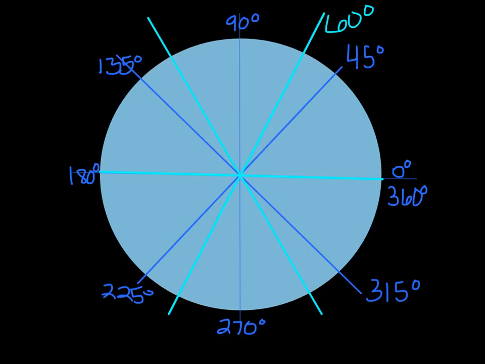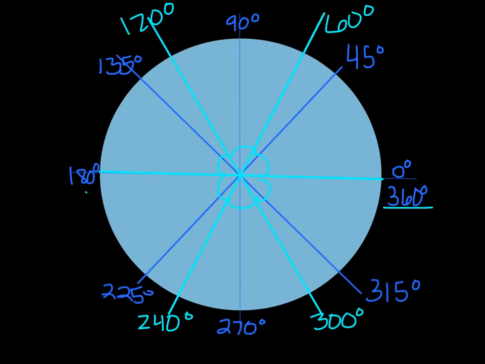And each of these pieces is 60 degrees. So 60 plus 60 is 120, plus 60 is 180, plus 60 is 240, plus 60 is 300, plus 60 gives us 360 degrees.